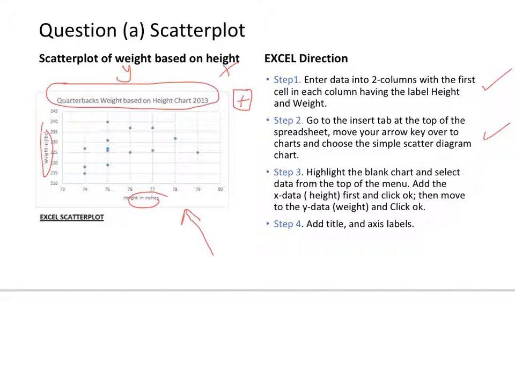You can highlight the plus key and add in the titles for both the axes and the top chart, which we've done here. So here is the Excel scatter plot. You can see the plots of the weights based on the heights. Doesn't look very linear, does it?